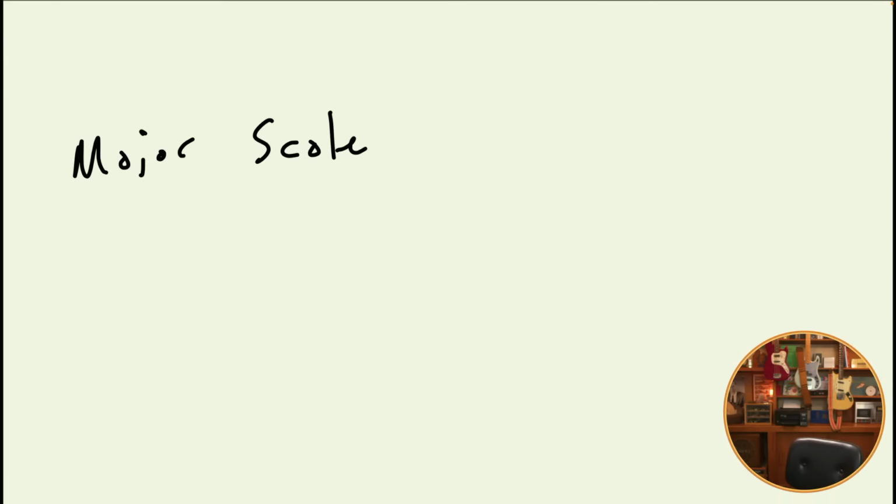But while I write a little bit here, I want to talk about the major scale. The modes are based on the major scale formula, which is whole, whole, half, whole, whole, whole, half.